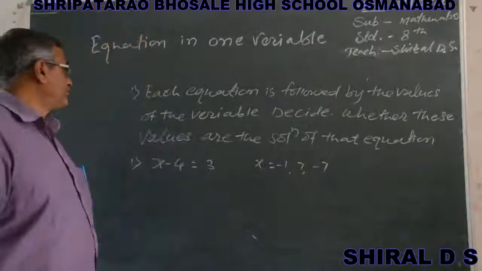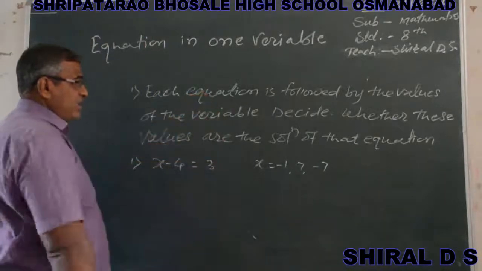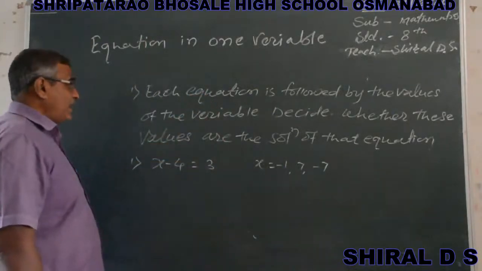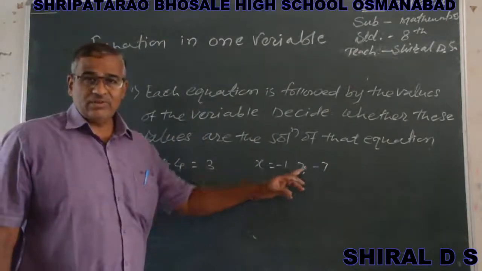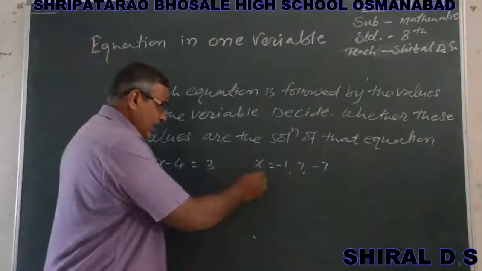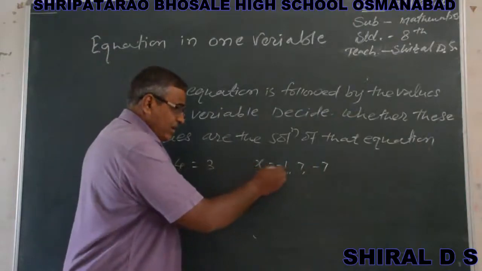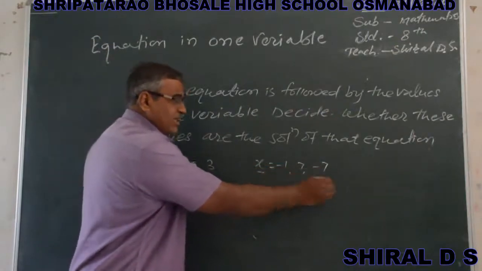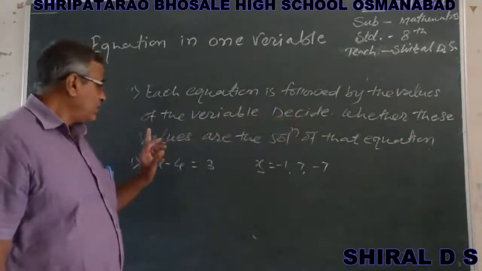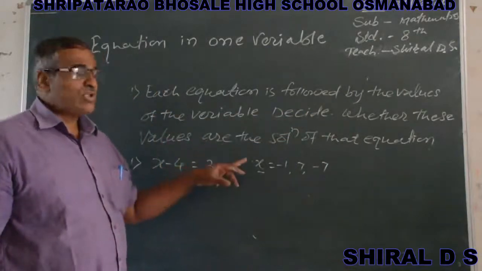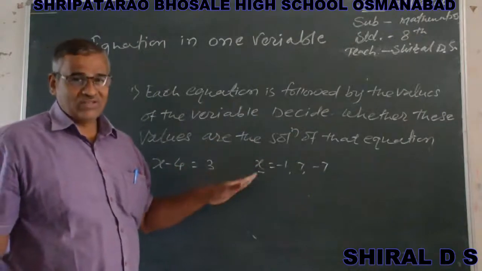Look here, each equation is followed by the values of the variable. It means we have given here values of the variable x, then values of variable is minus 1, plus 7 and minus 7. Decide whether these values are the solution of the given equation or not.